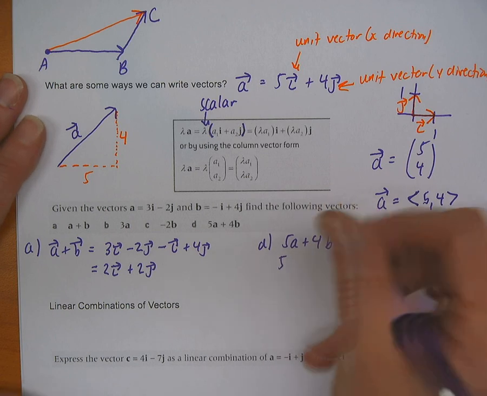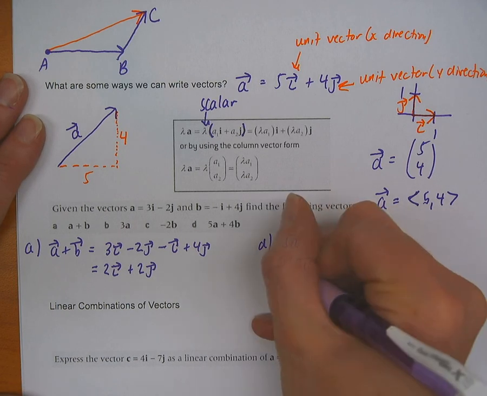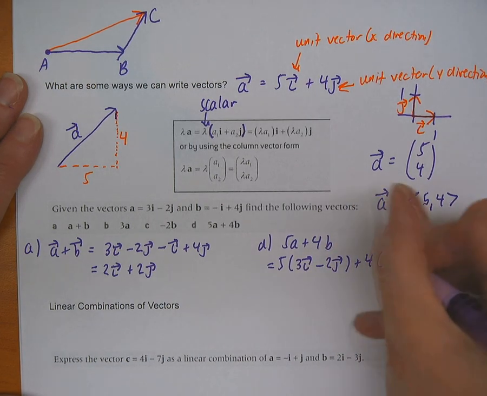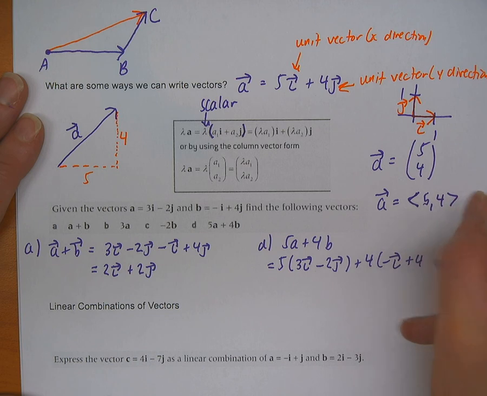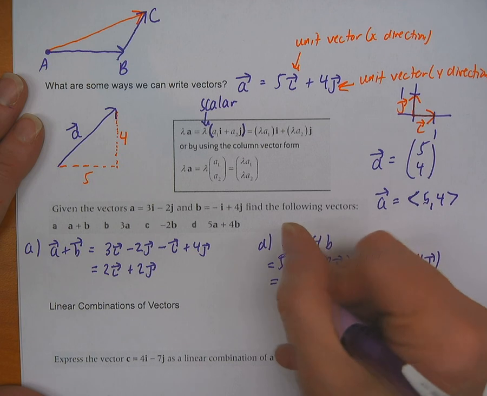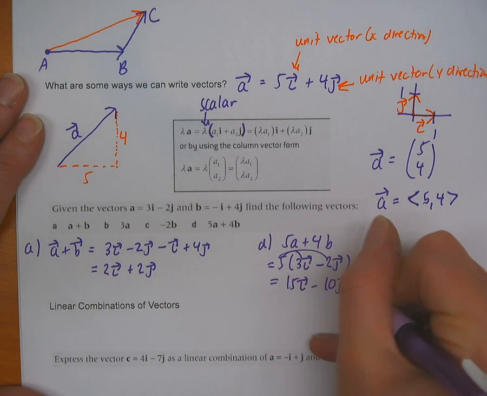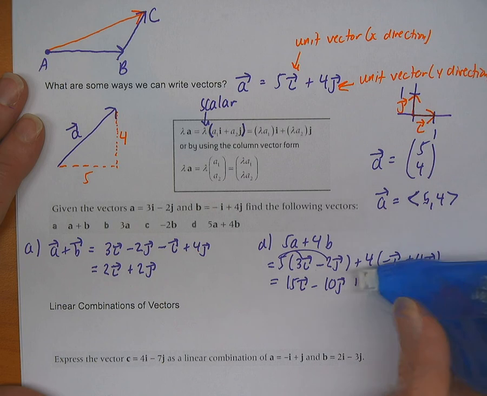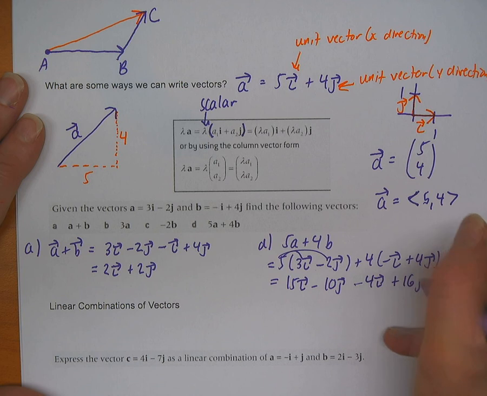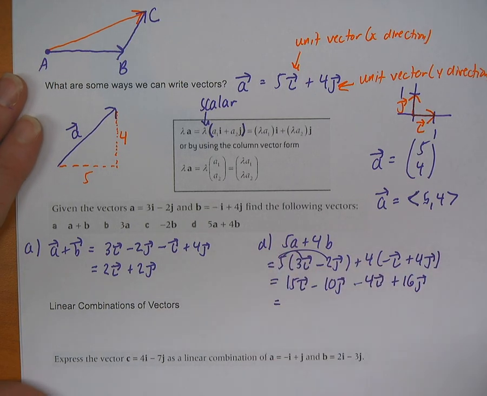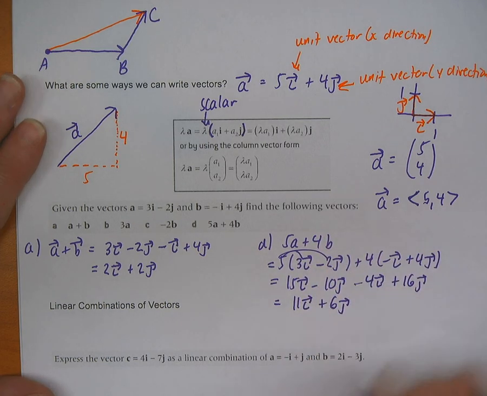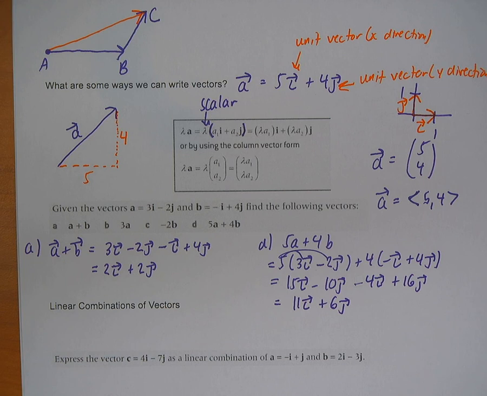So I have a scalar 5 that I'm going to multiply times vector A, and a scalar 4 that I'm going to multiply times vector B. So I'll end up with 15i minus 10j minus 4i plus 16j. And now I can collect like terms. So I'm going to end up with 11i plus 6j. That would be the resultant vector in that case.